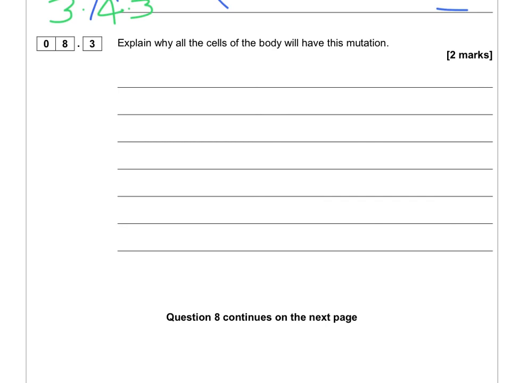Question 8.3, it says explain why all the cells of the body will have this mutation. So it's not going to be meiosis, it's going to be related to mitosis in this respect. So there's 2 marks, there's quite a lot of things you could say.